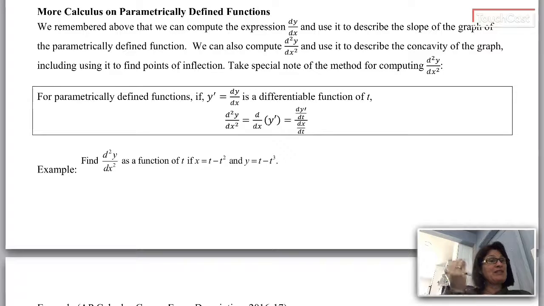So that expression we have, dy/dx, now I want to take the derivative of that with respect to x again, but dy/dx isn't a function of x, it's a function of t again. So I'm going to take the derivative with respect to time, because that's the variable in dy/dx, and then I have to multiply by dt/dx.